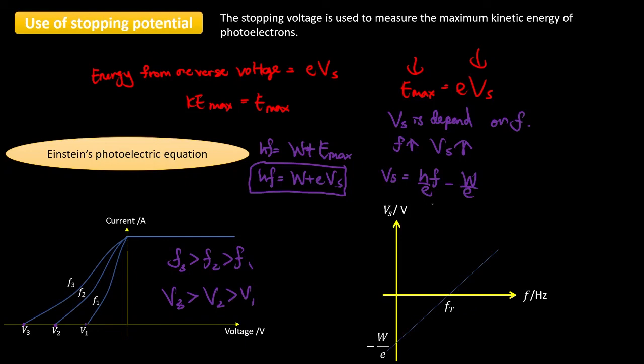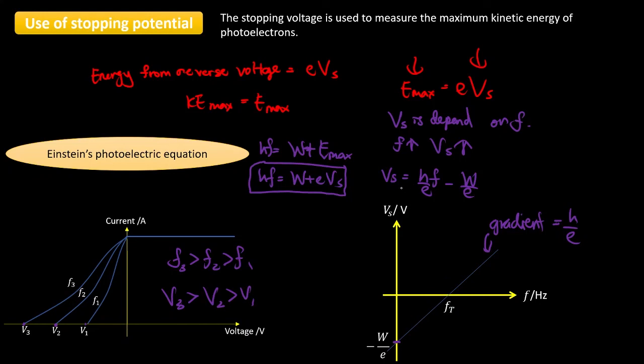From here we know that the gradient of this graph is h divided by e, while the y-intercept is the negative work function divided by the charge of the electron, and the x-intercept is the threshold frequency of the photoelectric effect.